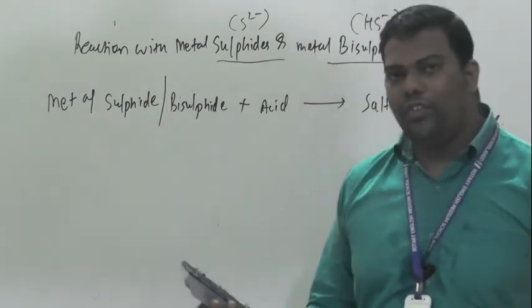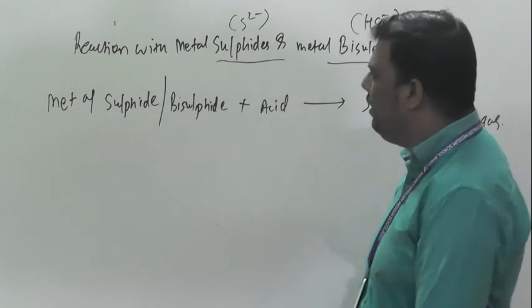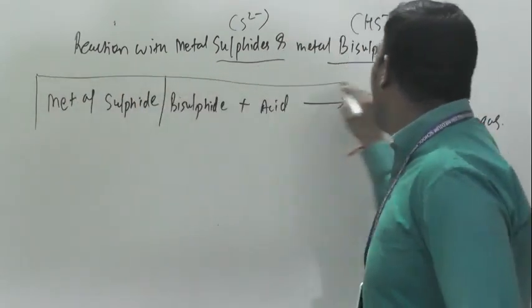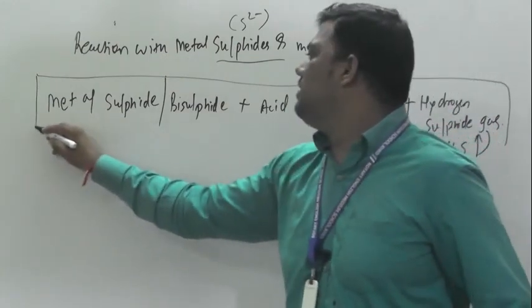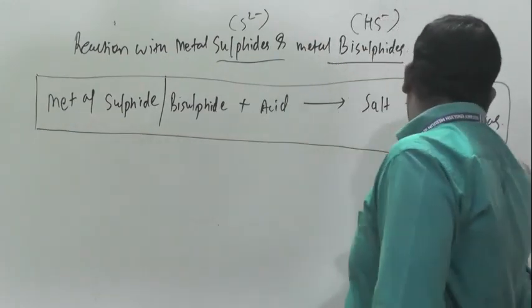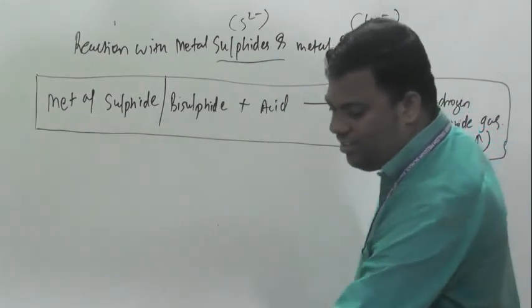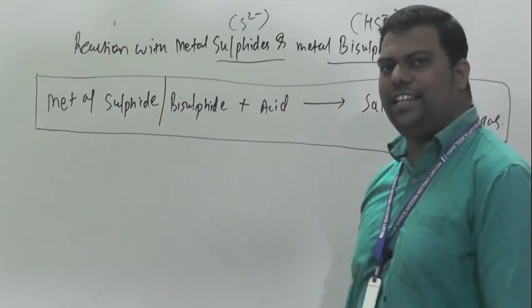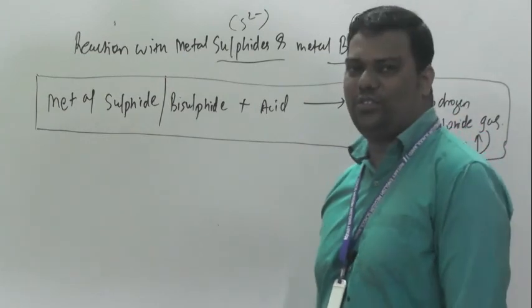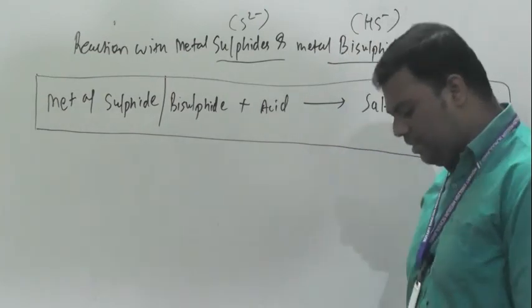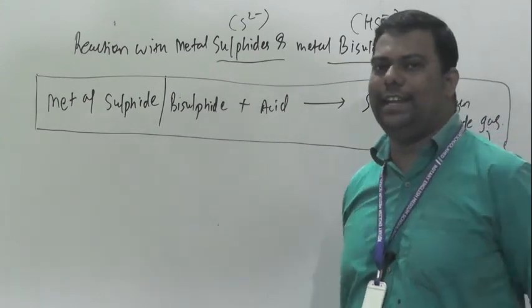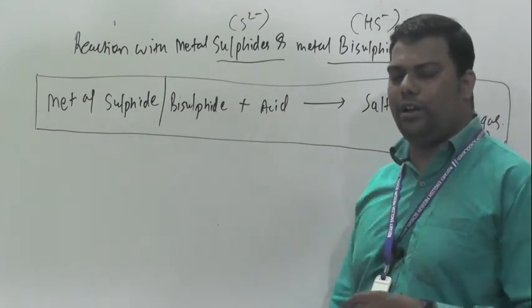We will take examples here. Make a box for immediate highlighting. If you know the general reaction, you can easily write any reaction, so I am drawing a box to make it easy to locate and remember.